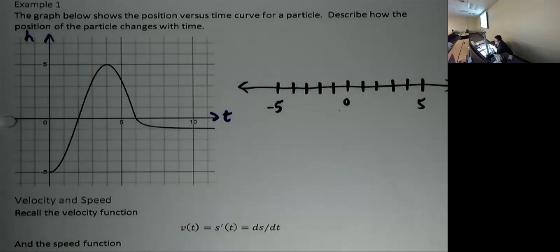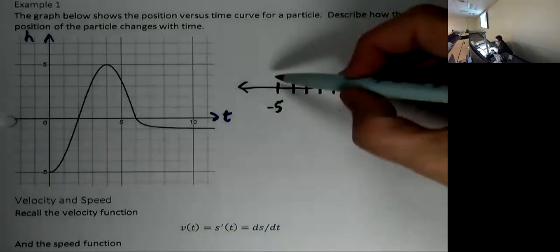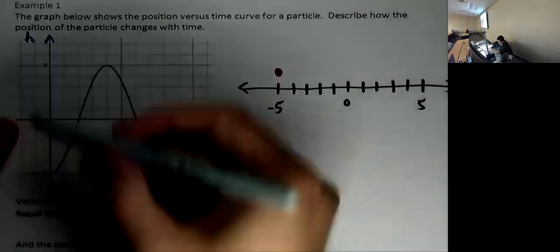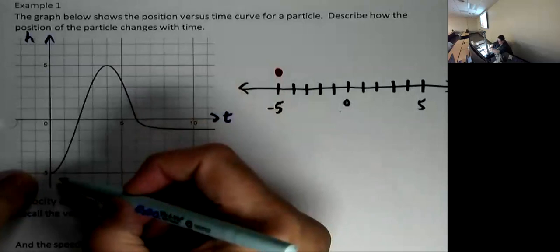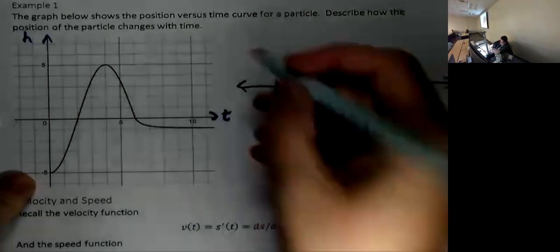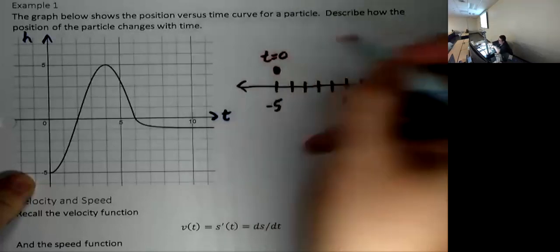At t equals 0, where should I put the dot? Negative 5. This is tracking position. At t equals 0, along the h-axis, it's saying negative 5. At 2 seconds, where is it?